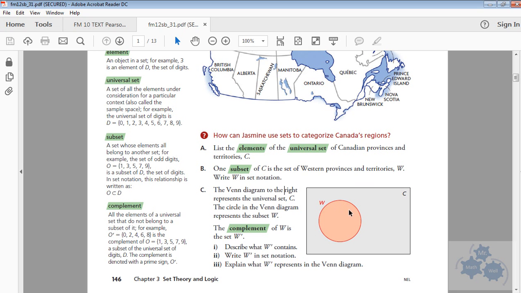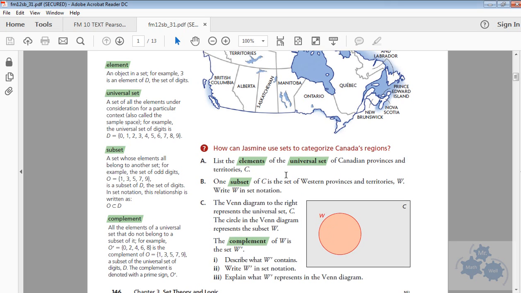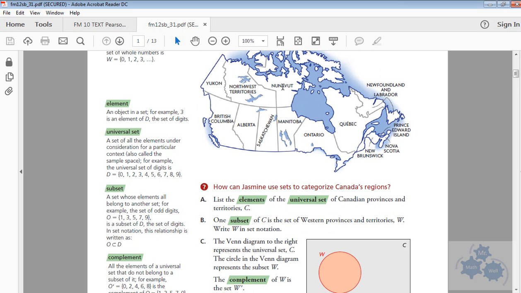Inside all of the Canadian provinces and territories, symbolized by C here, we have some of the western provinces and territories. This would be a subset. The elements inside that, depending on what they're considering western, are Nunavut, Manitoba, Saskatchewan, Northwest Territories, Alberta, British Columbia, Yukon.